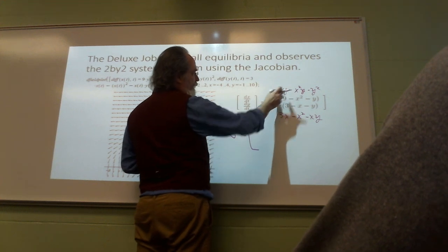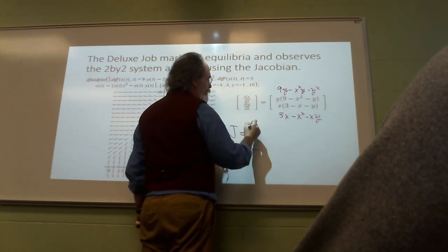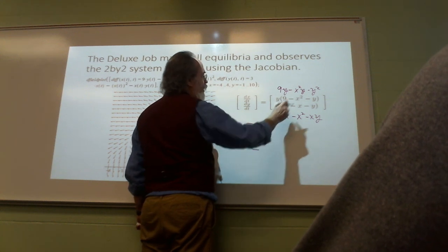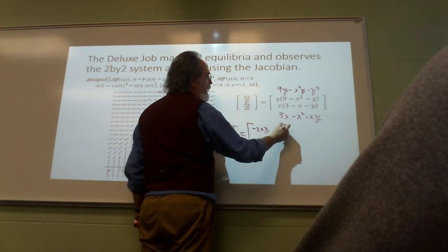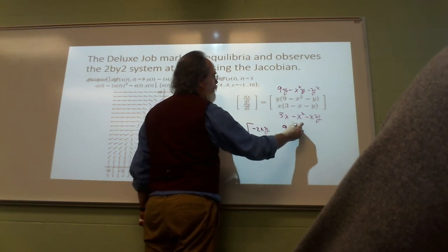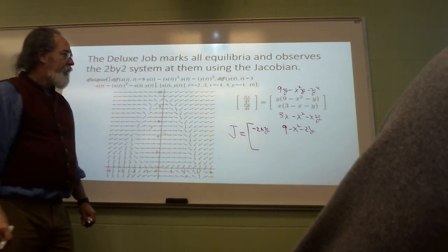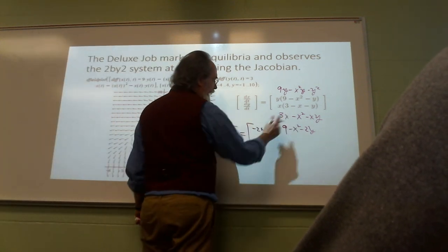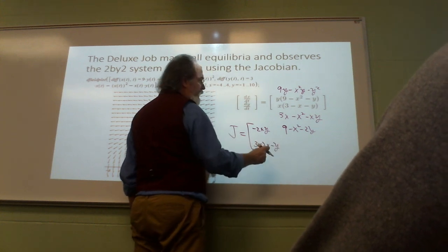So the partial derivative of that with respect to x is 0 minus 2xy minus 0. Partial with respect to y, 9 minus x squared minus 2y. Do you remember doing partial derivatives? I do, yeah. Okay, and then the partial with respect to x, 3 minus 2x minus y.